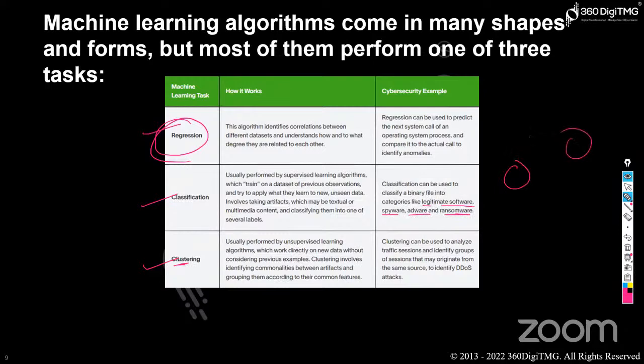Remember the clustering, how we were grouping it? So it groups them together according to their common features. Cybersecurity example: clustering can be used to analyze traffic sessions and identify groups of sessions that may originate from the same source to identify a DDoS attack.